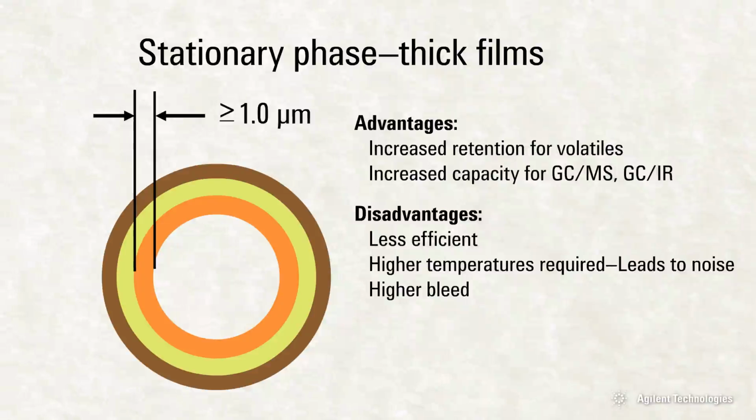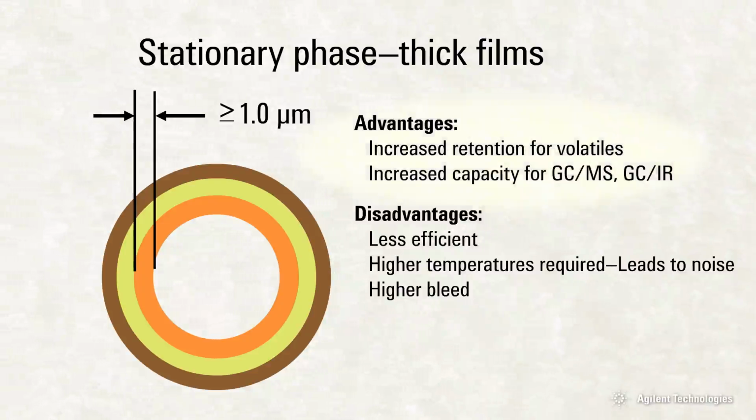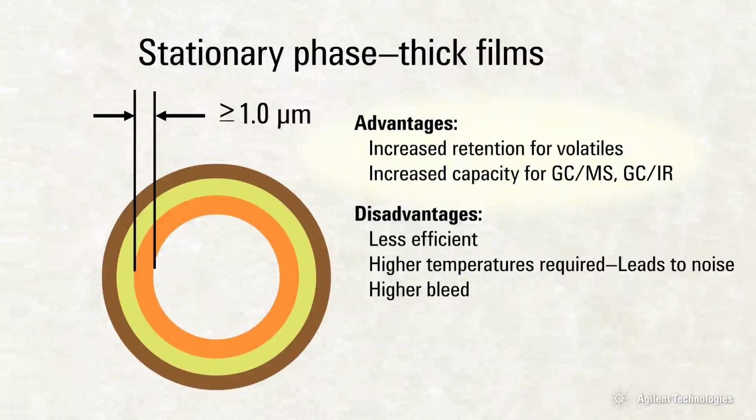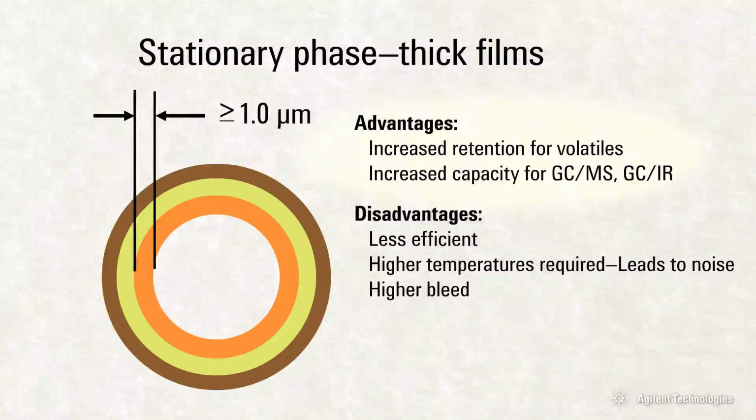Thick films are good for very volatile compounds. These compounds are difficult to retain on the column without going to very low column oven temperatures. With very thick film, 5.0 microns, you can separate methane, ethane, propane, and butane at room temperature.